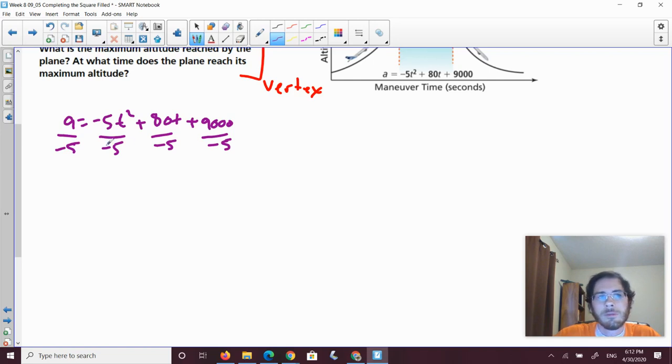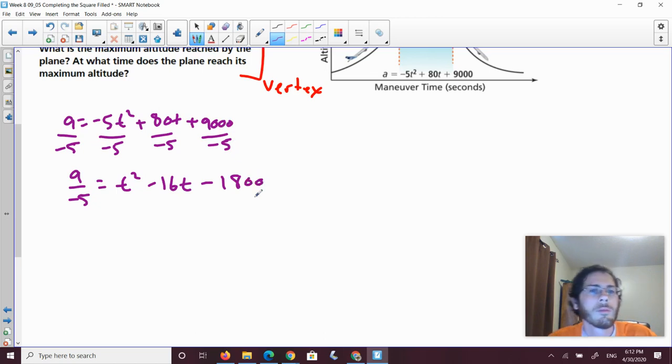Unfortunately, we can't really do anything with A divided by negative 5 except just leave it as A divided by negative 5. T squared, that's going to be minus 16t, and 9,000 divided by 5. Well, 9 divided by 5 is 1, 40 divided by 5 is 8, and we got a couple zeros. So that part on the left looks weird, but other than that, I think we're good to go.